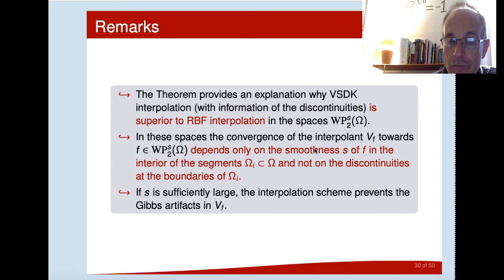In this space, the convergence of the interpolants depends only on the smoothness s of the function, as I have already claimed, in the interior of the segments omega_i, and not at the discontinuity of the boundary. This is a very important point. If s is sufficiently large, the interpolation scheme prevents Gibbs artifacts in the interpolant, and this is exactly what we see later in the application.